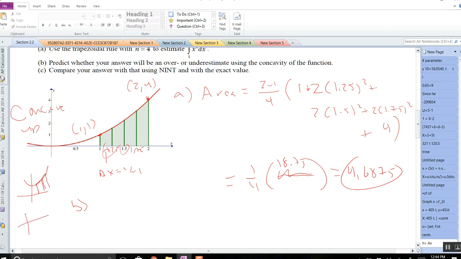When you're concave down and you do a trapezoidal sum, that's going to be an underestimate. But when you do the trapezoidal rule with concave up, it's going to be an overestimate. We can compare it: you could use the numerical integration calculator, or I hope you recognize the answer is x cubed over 3. You get 8/3 minus 1/3, which of course is 7/3.